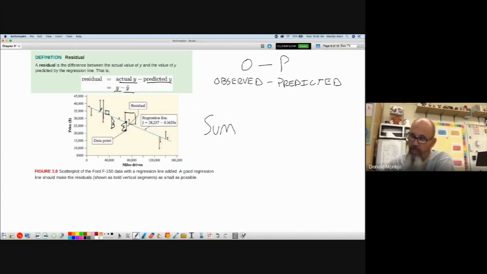If we were to add up all of the residuals, the sum would always equal 0. By definition, by the way that the least squares regression line is calculated, it is always placed in such a spot that the sum of the residuals is going to equal 0. Every single regression line in the world will have that same property. The sum of the residuals will always equal 0.